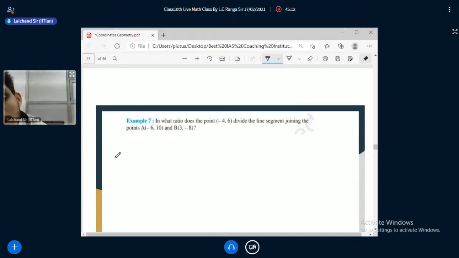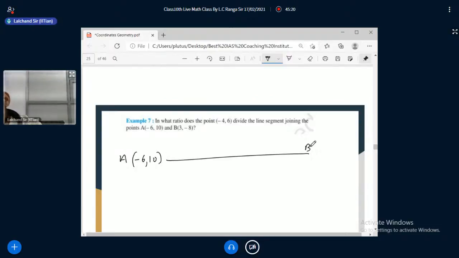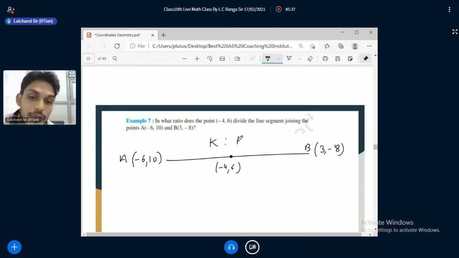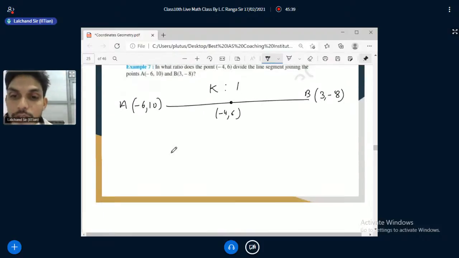We have point A, that is minus 6 comma 10, and point B, that is 3 comma minus 6, isn't it? And there is a point in between them, that is minus 4 comma 6. So let us assume the ratio is k comma 1. We need to find this ratio.